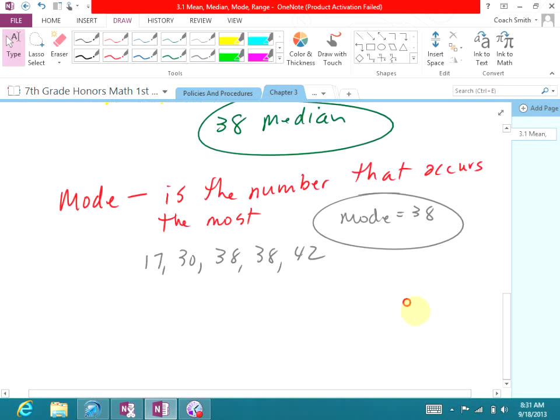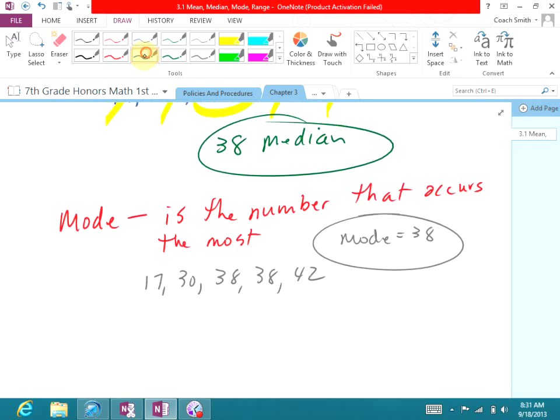Now, let's say I had an alternate set of numbers. Let's say there was another 42 there, and so I have two numbers that occur the most.